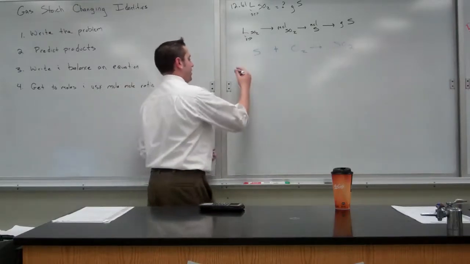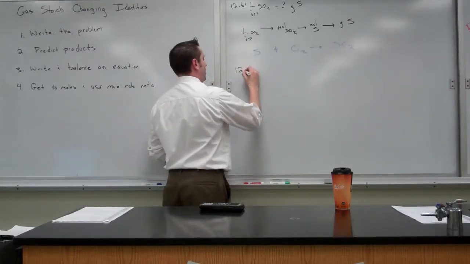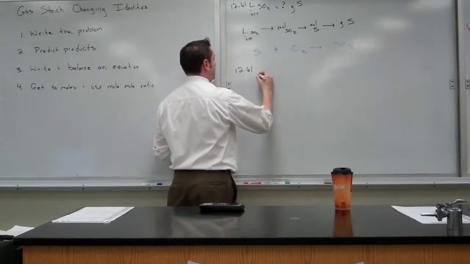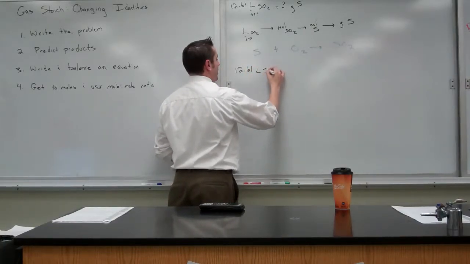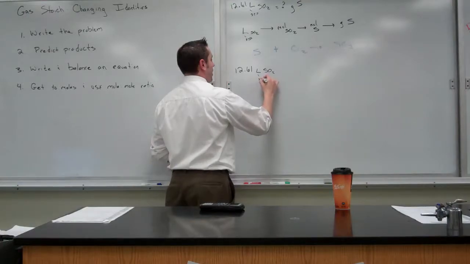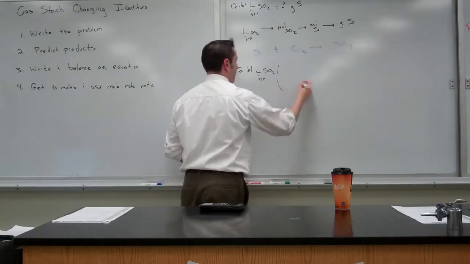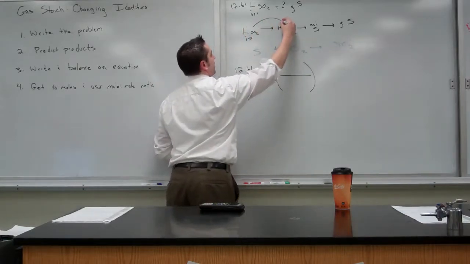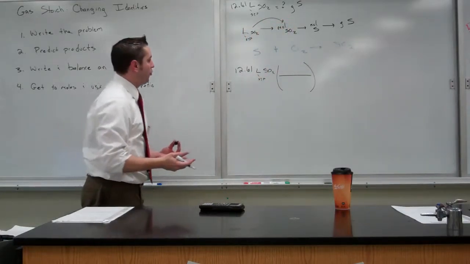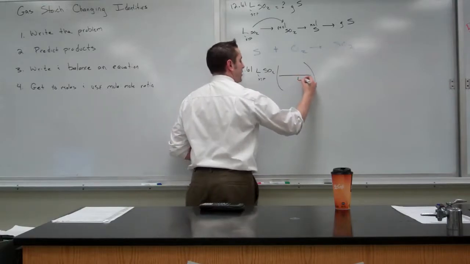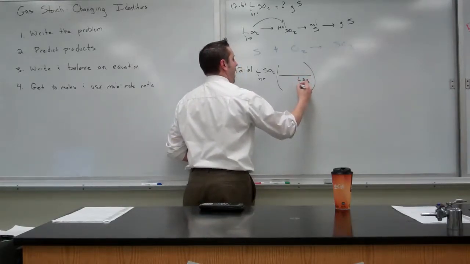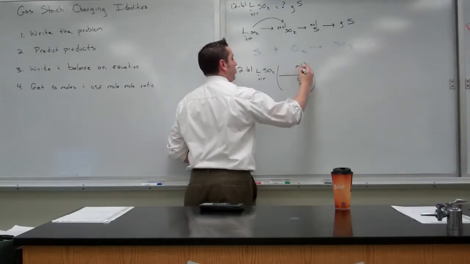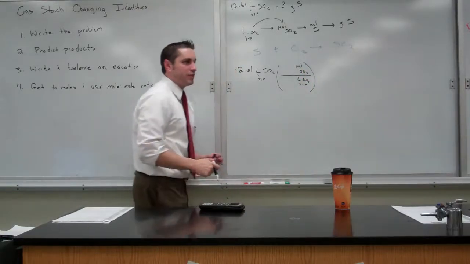Start with what we're given. 12.61 liters SO2 at STP. First thing I want to try to do is get it into moles. So I put liters SO2 at STP on the bottom, mole SO2 on the top.